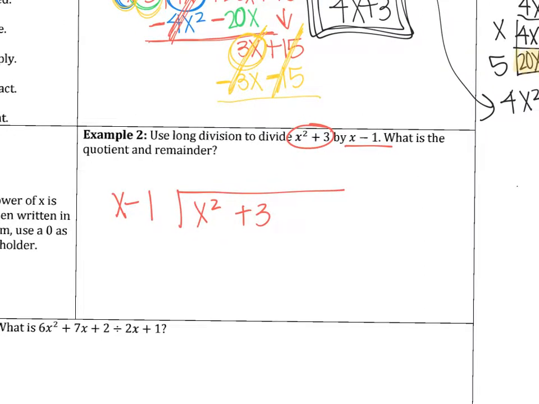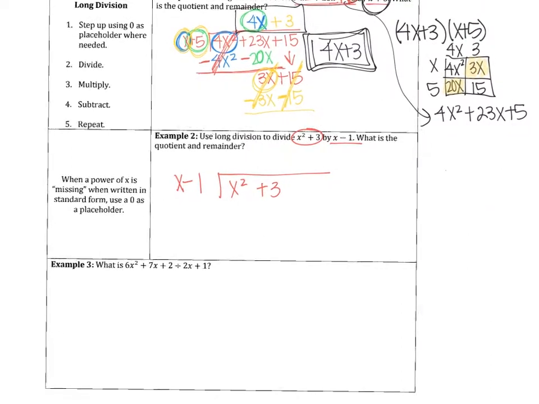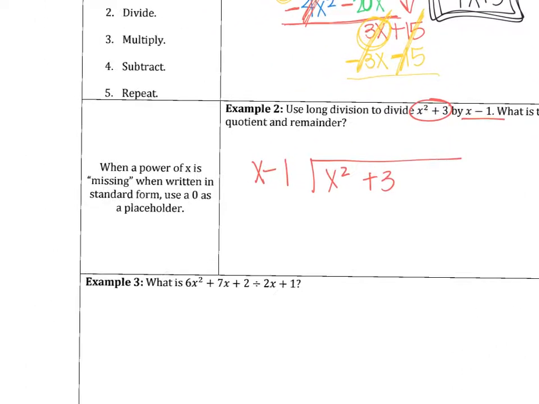So one rule is, when a power of x is missing when written in standard form, use a 0 as a placeholder. You need to make sure and remember this rule.